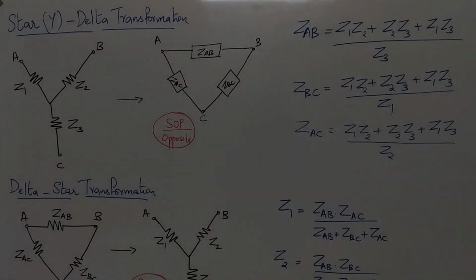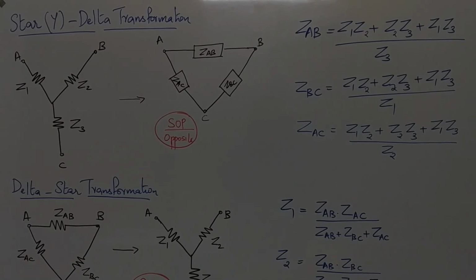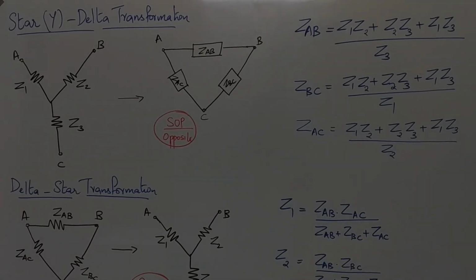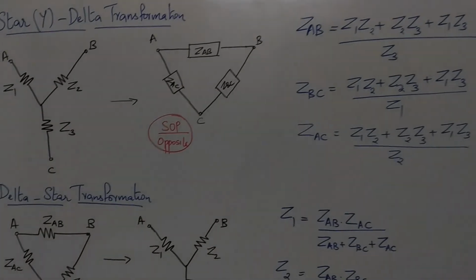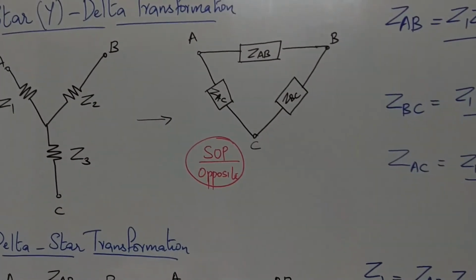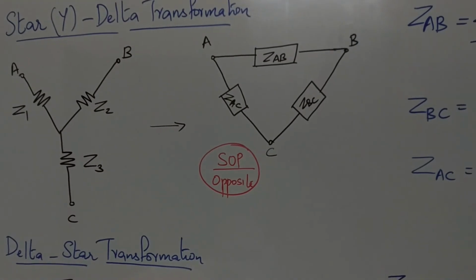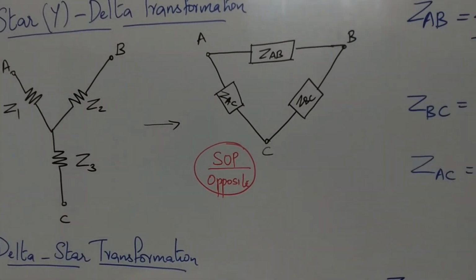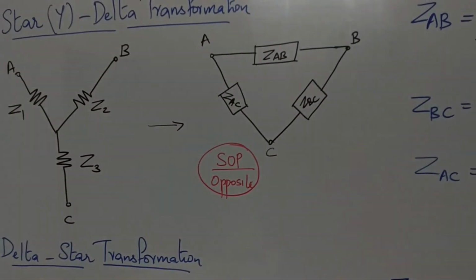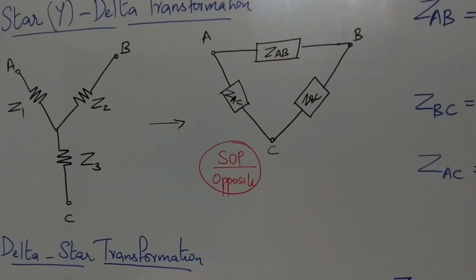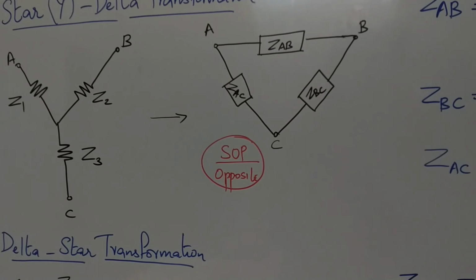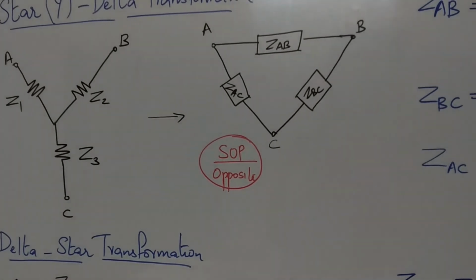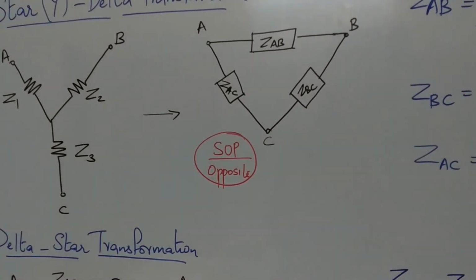Suppose we have a Y circuit or a star network having impedances Z1, Z2 and Z3. We need to convert it to a delta form having ZAB, ZAC and ZBC. Now to convert star to delta, the thing to be memorized is shown there in red. It is sum of products by opposite.